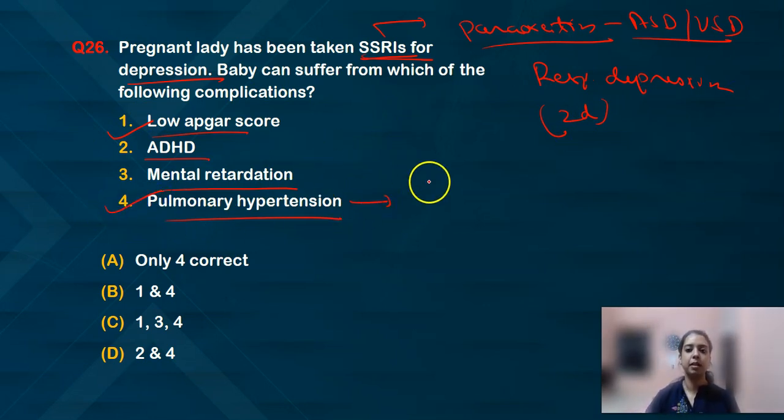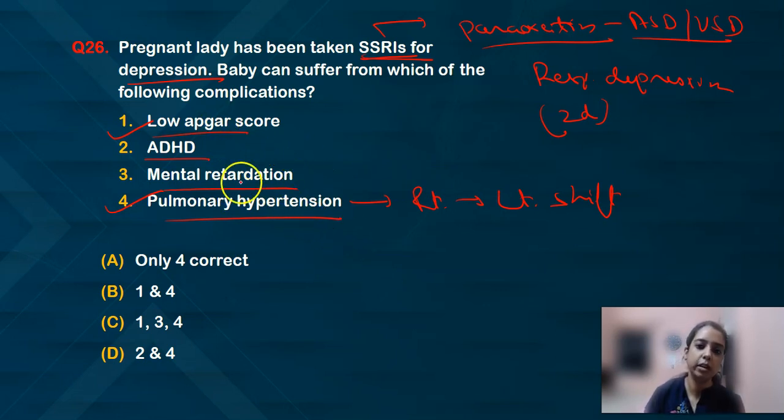This can occur with SSRI, due to which there is a right to left shift in the heart. As a result, there will be hypoxemia and low Apgar score. So these are the only 2 mild complications that can occur with SSRI. So your answer is 1 and 4. It does not have any neuronal side effects, so it can be safely used; these are among the safest psychiatric medications in pregnancy.